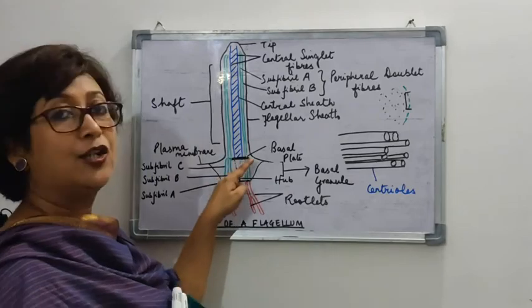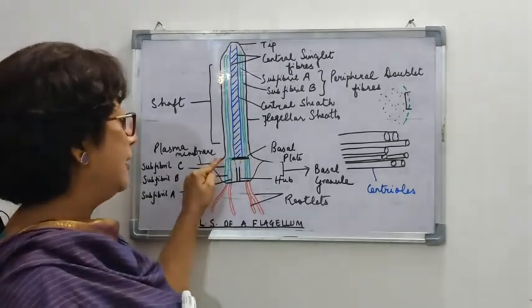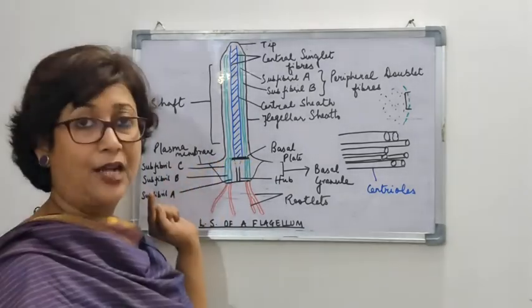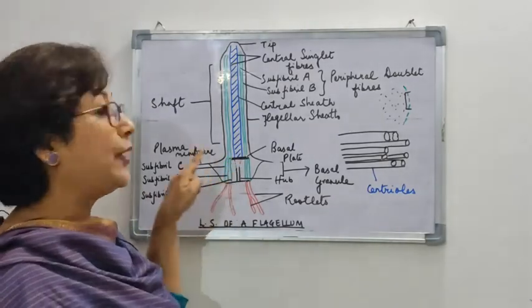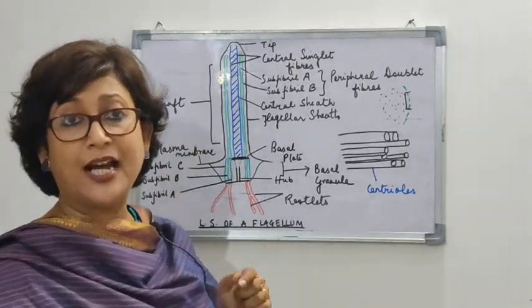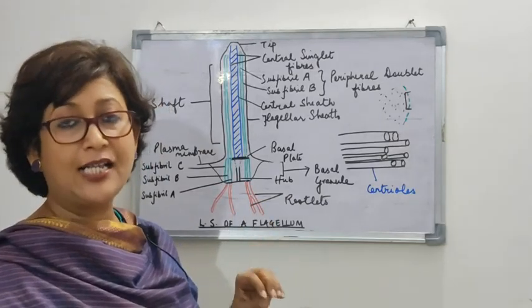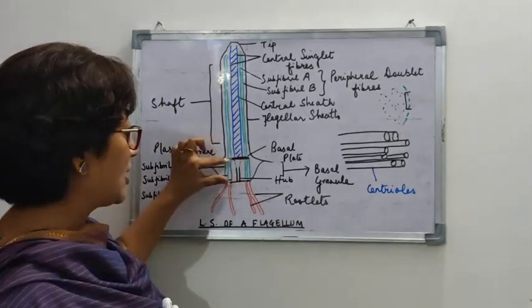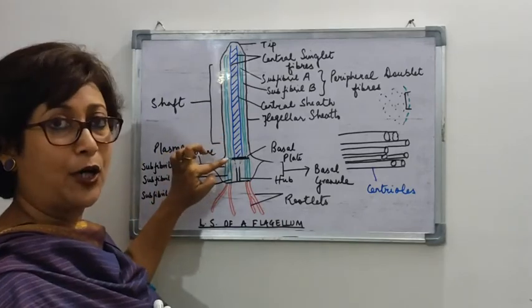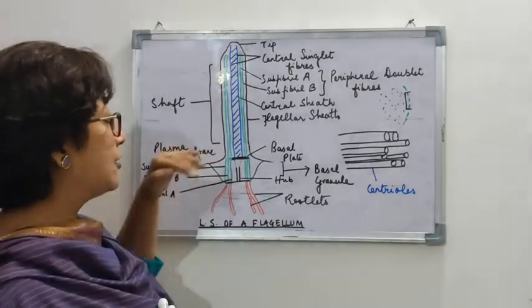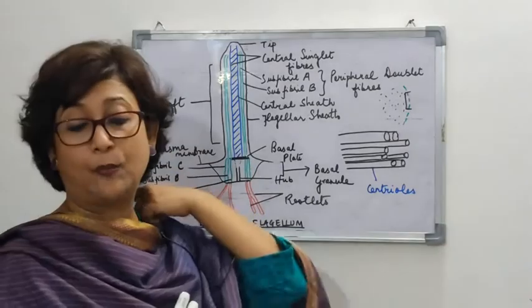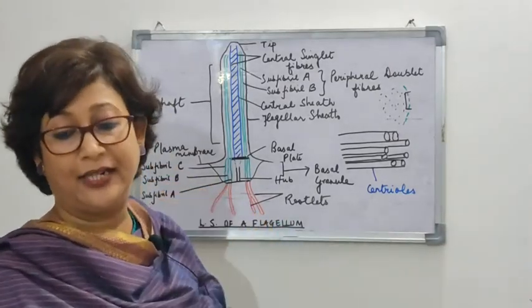Here, the thick transverse line drawn in black ink is the basal plate. It is an area of high density which lies above the basal body. This is the upper part of the basal body, so the basal plate lies above the basal body and it is high in density.